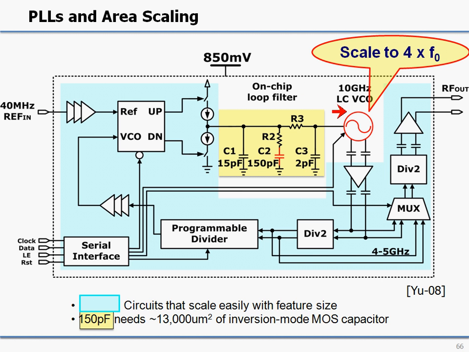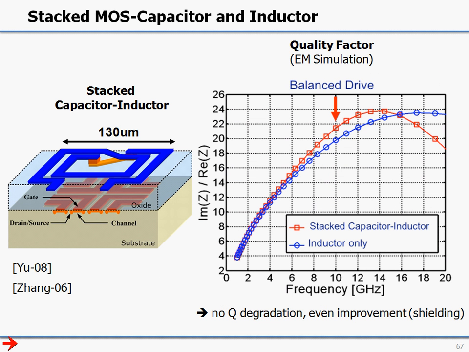The oscillator is large, but if we move it to higher frequencies, we can at least reduce its size somewhat. What we're still stuck with is these large capacitors in the loop filter that we would like to integrate on the chip without blowing up the area of the chip too much. One of the opportunities that exist is to try to reuse the area that we have under the inductor.